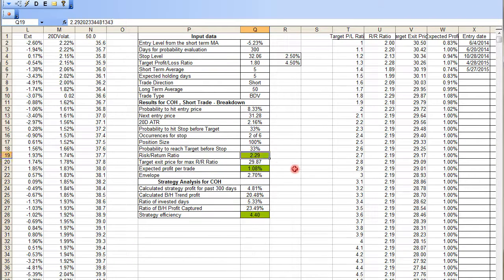Okay, we can see that we have a positive risk reward, but the probability to hit this price is low. So I don't believe that the stock will break down tomorrow, but if ever, that is the price to enter.